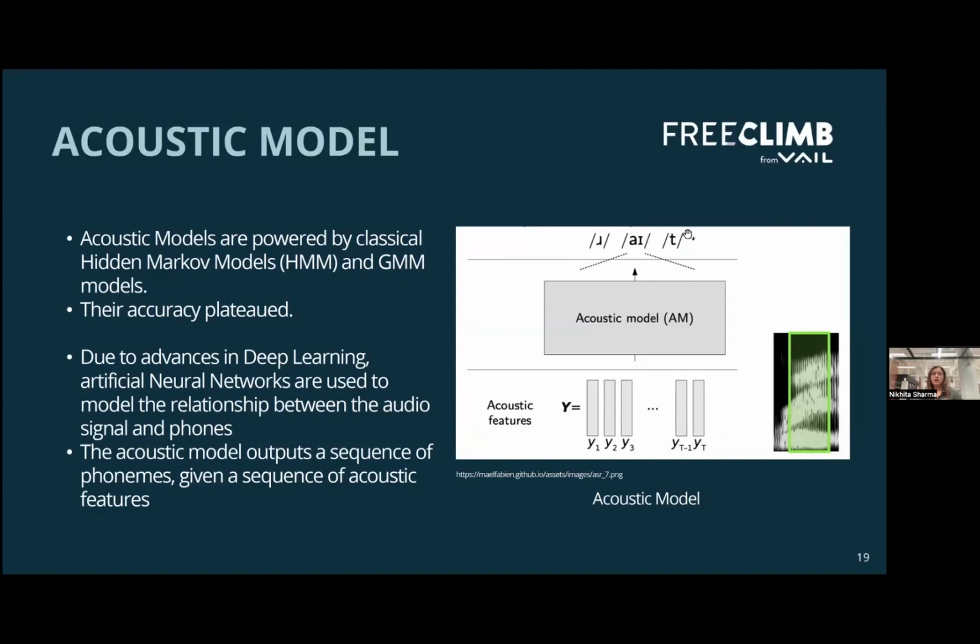So because we have audio and the corresponding text, we can learn this over a lot of hours of data and learn what phoneme sounds. We can learn the relationship between the features and the phonemes in that way.